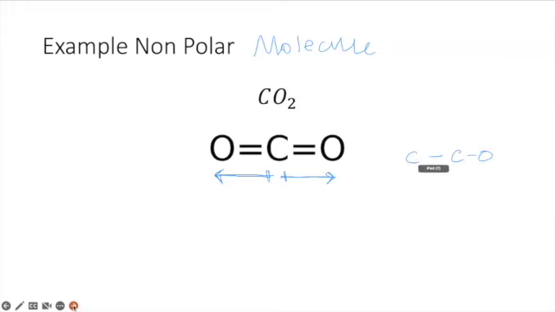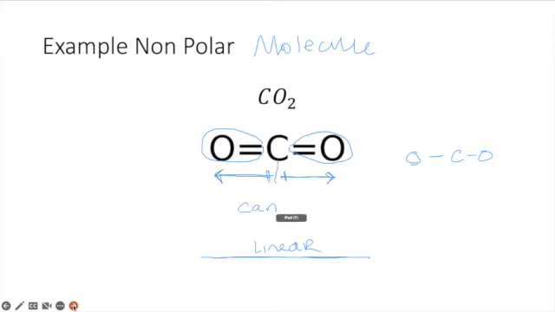There are only two groups hanging off of this central atom, meaning it would be linear in shape. And so these two dipoles end up canceling each other out, and there is no net dipole, meaning that this molecule is nonpolar.